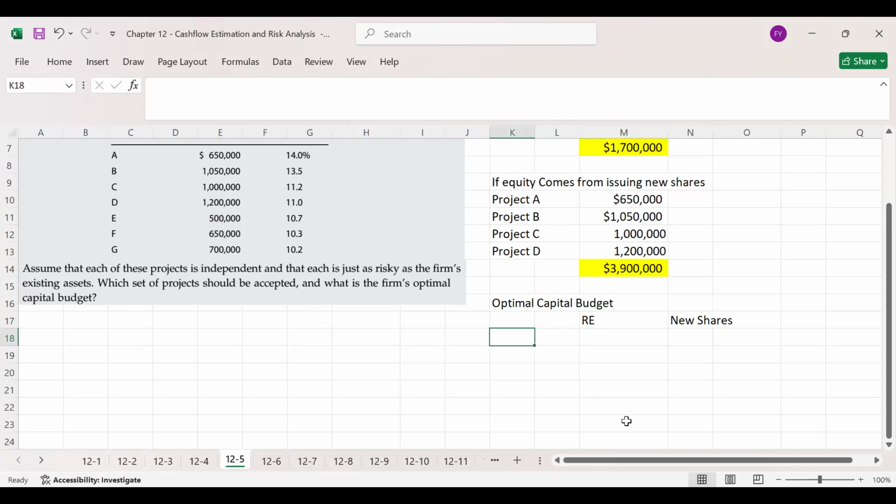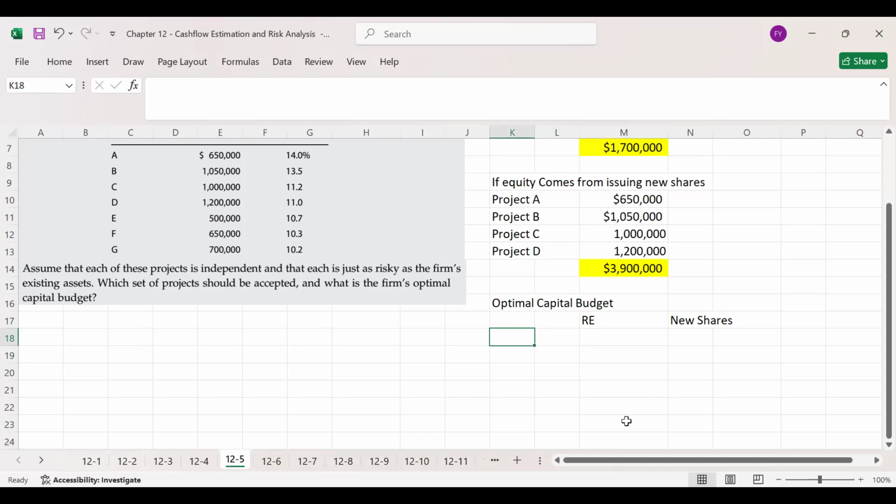So if equity is sourced from retained earnings, the company can only fund two projects, which is A and B, due to the limited funds available from retained earnings.